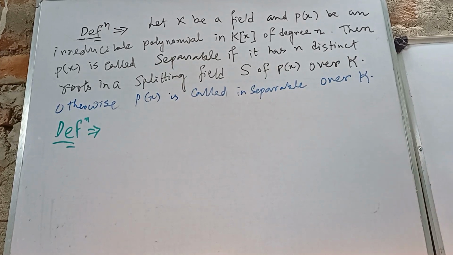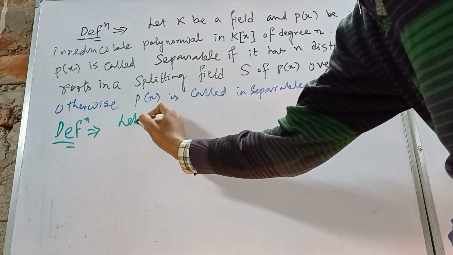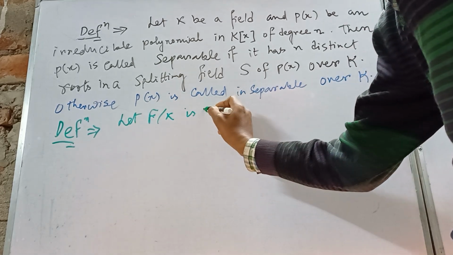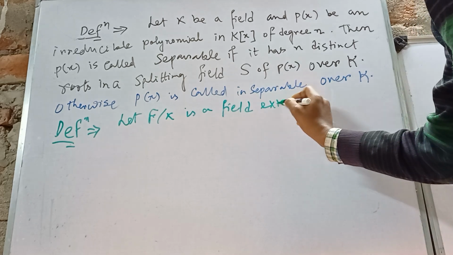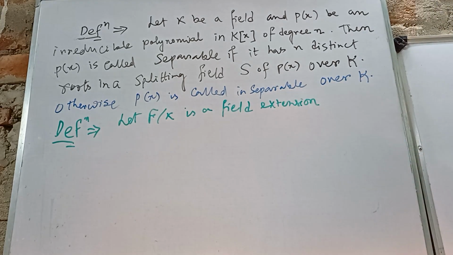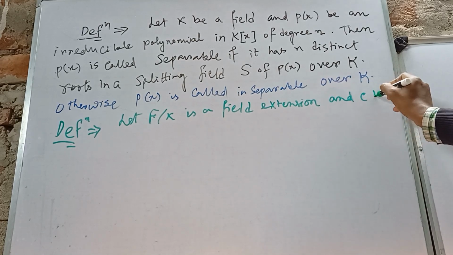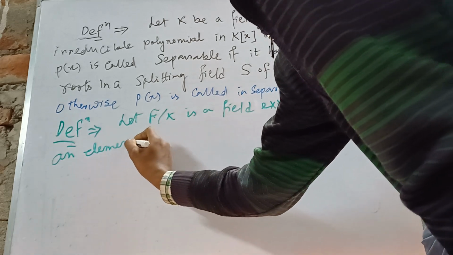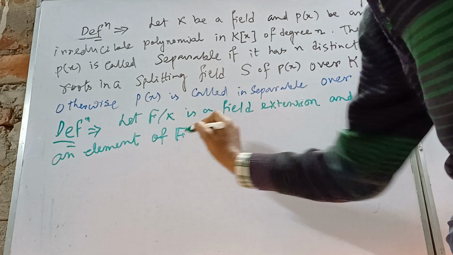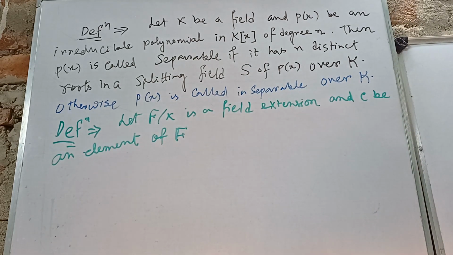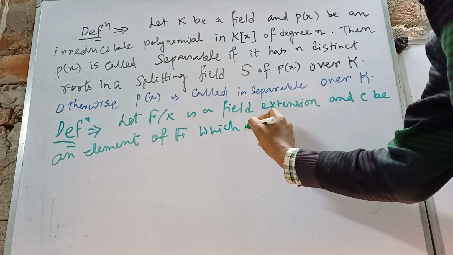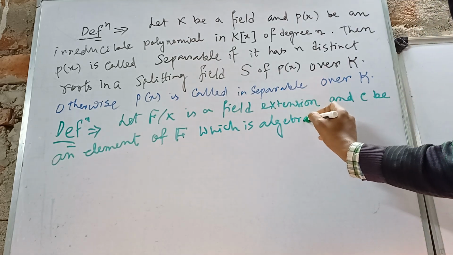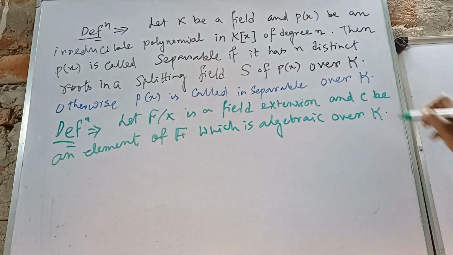Another definition: let F be an extension of K, a field extension, and c be an element of F which is algebraic over K.